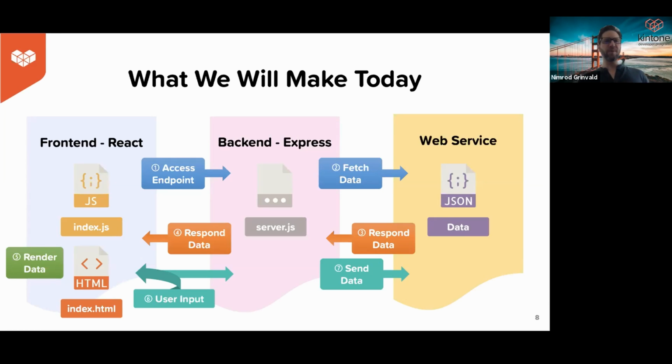That backend will be an Express server that will be an intermediary getting data from our web service, Kintone, and then fetching that data and presenting it to our front end, our web page in our browser. Our browser will then render that data using React, and then we will be posting additional data by creating user input and then passing the data to Kintone. And that's what we'll be doing today.